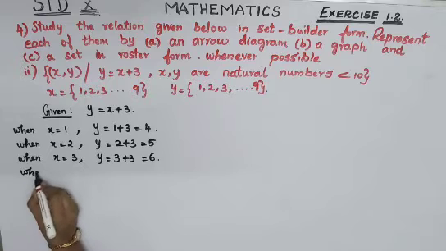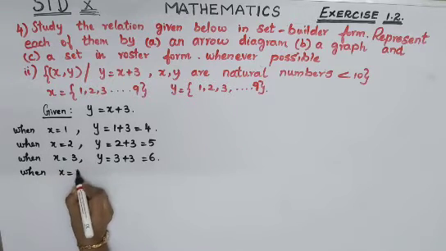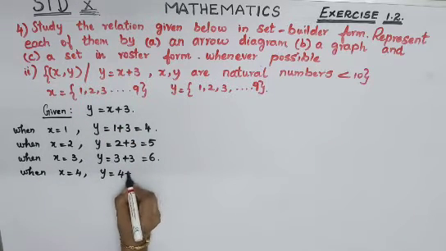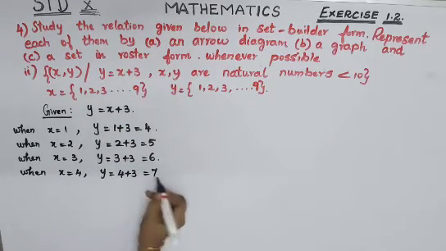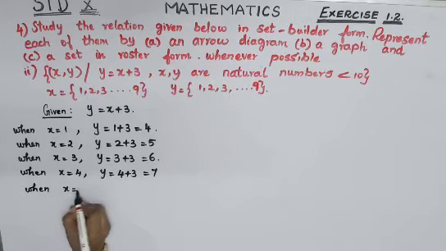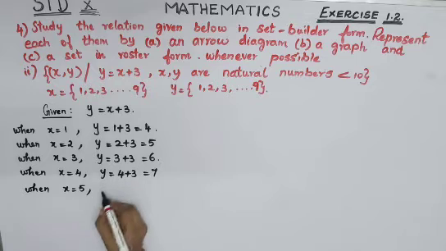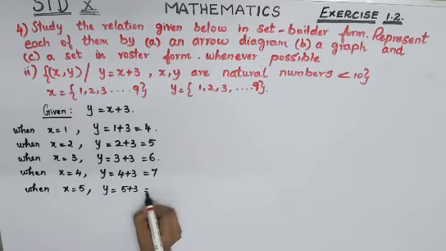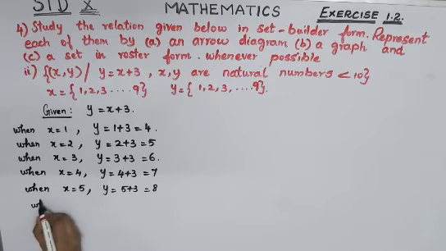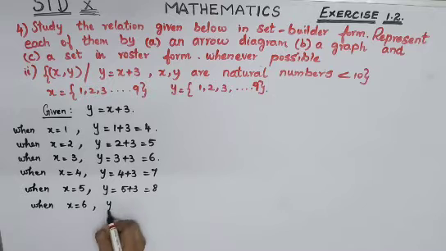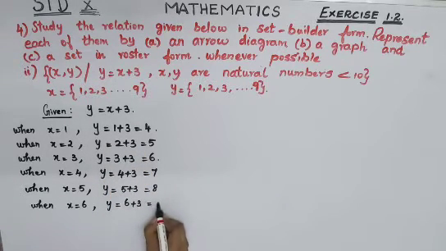When x is equal to 4, y is equal to 4 plus 3, which is equal to 7. When x is equal to 5, y will become 5 plus 3, that is equal to 8. When x is equal to 6, y is equal to 6 plus 3, that is equal to 9.